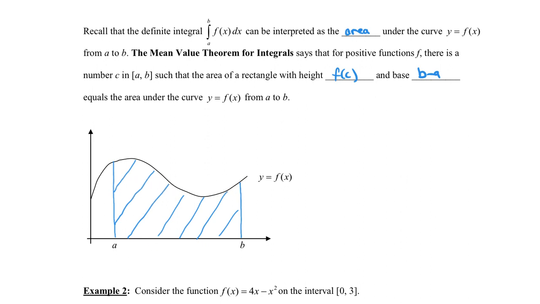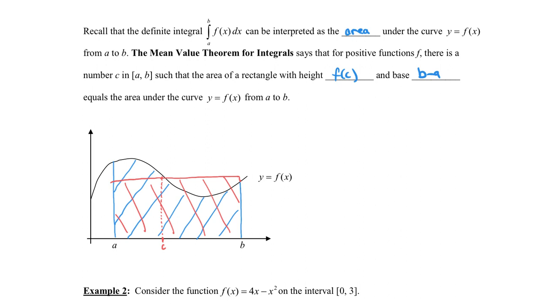Let's see if we can find something that looks reasonable. Let's say we've got this point c here, and come up here, and then we make a rectangle here. So the theorem says that there's some c where the area of this rectangle is the same as the area under the curve.